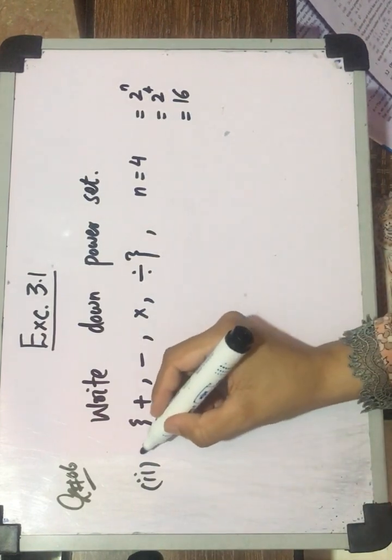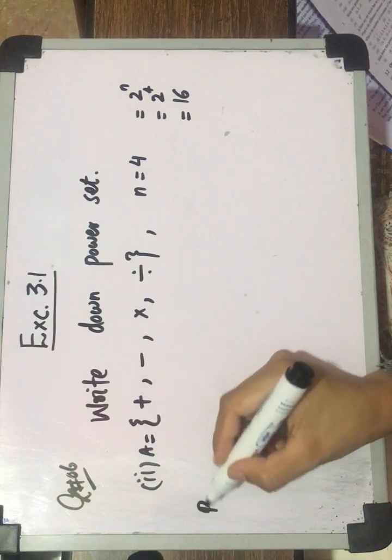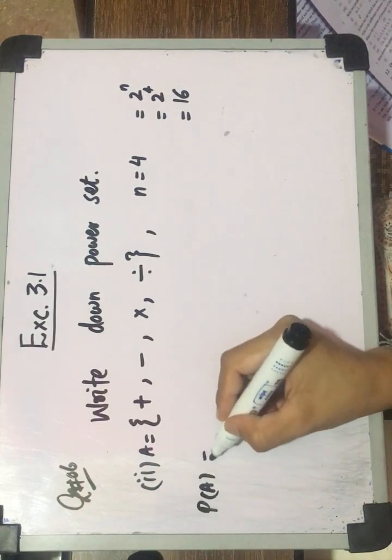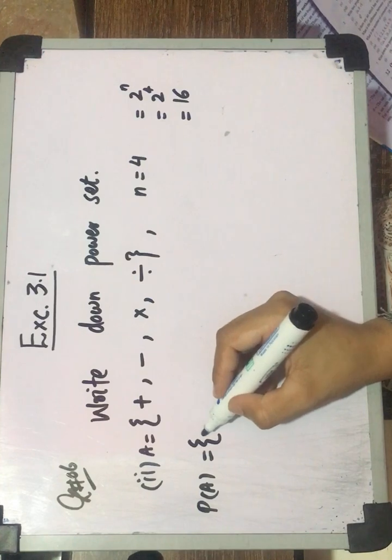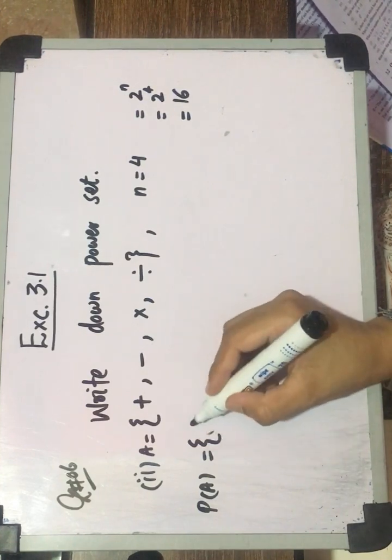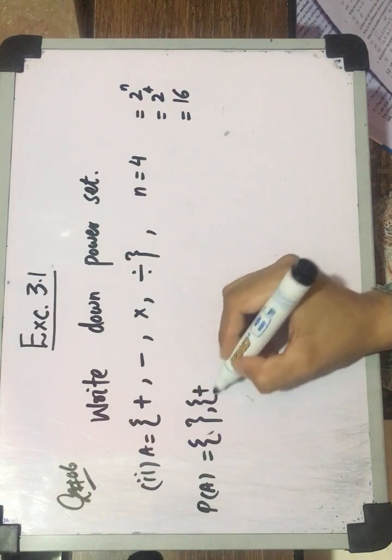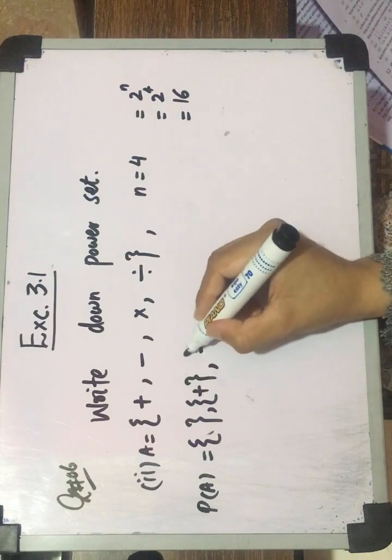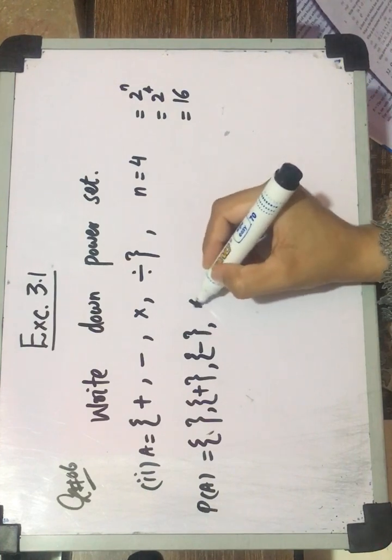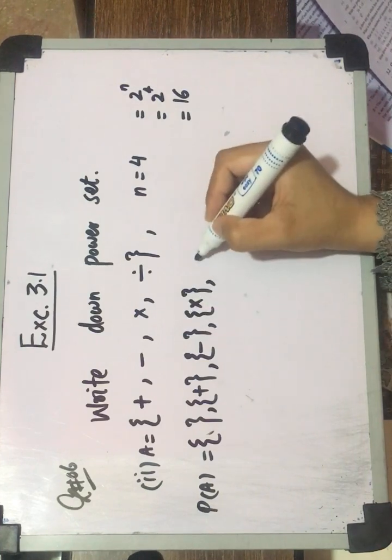Okay, let's start. We have this A, then the power set of A will be: number 1 is the empty set, number 2 we have plus, minus, multiply and divide.